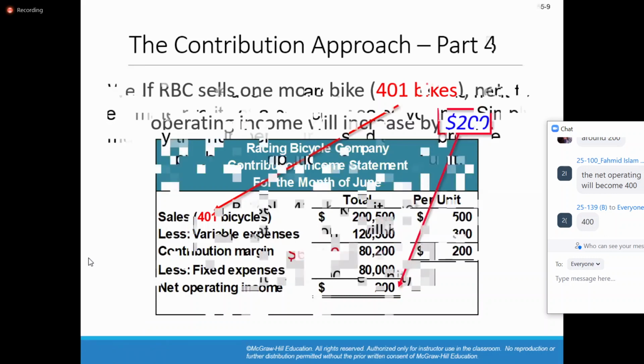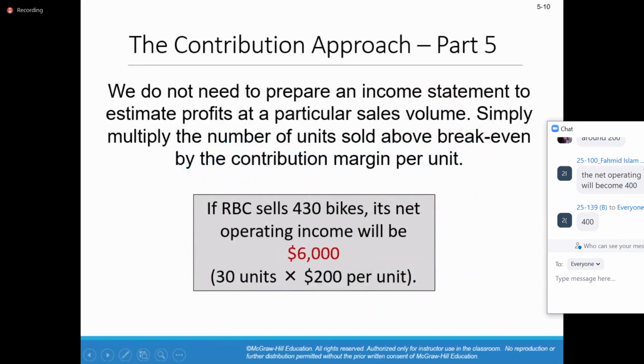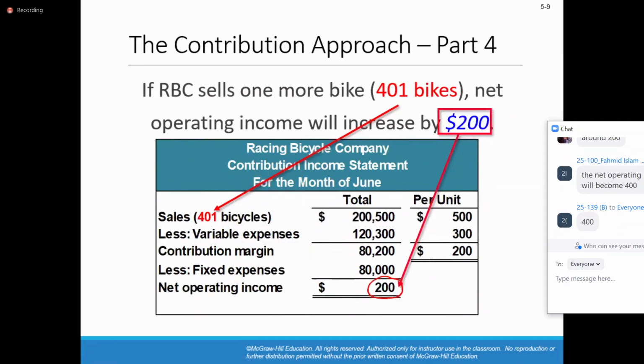And it is not necessary that you prepare a separate income statement if you want to see what happens if you sell 430 units of bicycle. You do not need this kind of detailed calculation.